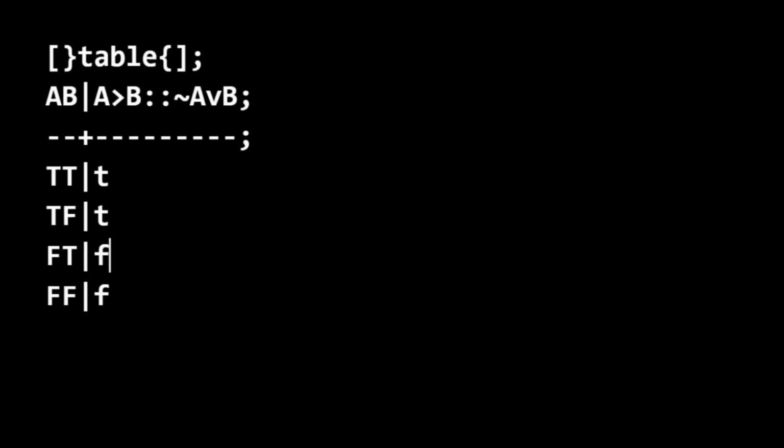We're going to copy over the values of A, values of B. We're going to do the dominant truth values, and each colon gets an underscore, and the negation is going to get a space, so I'm just going to copy all that down.